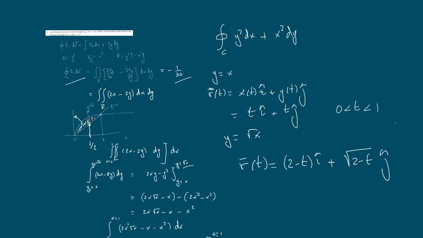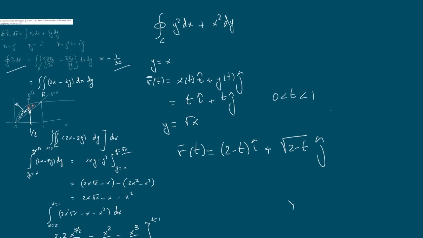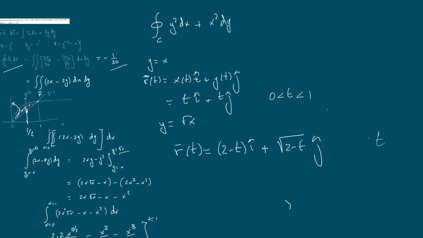And now I can find the parameterization for the square root coming back from this point to the origin. t will vary from 1 to 2.